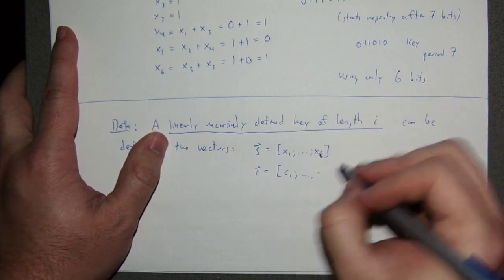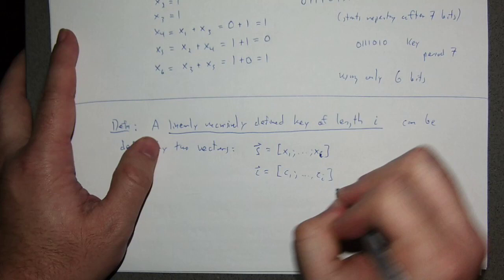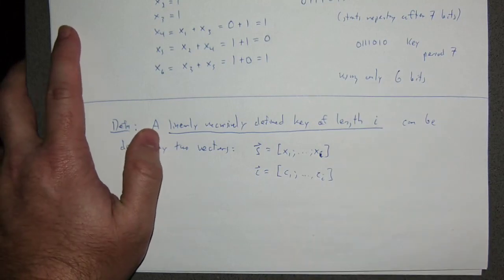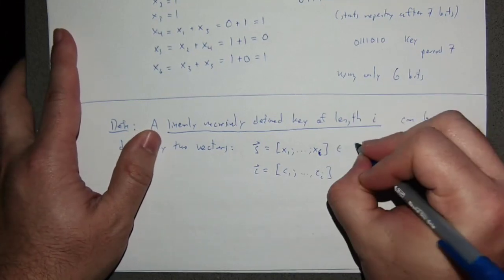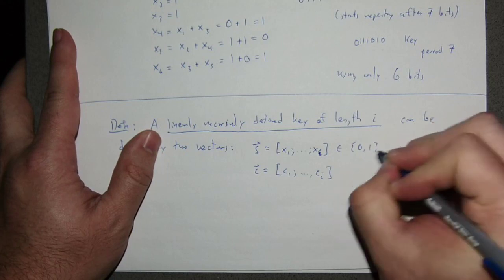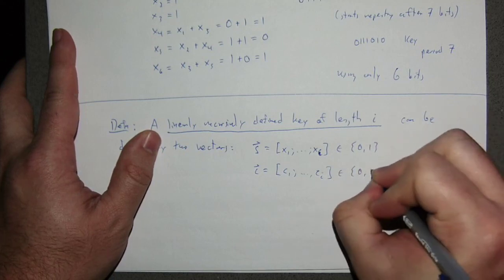And C is c sub 1 to c sub i. Both of these are in {0, 1} to the i.